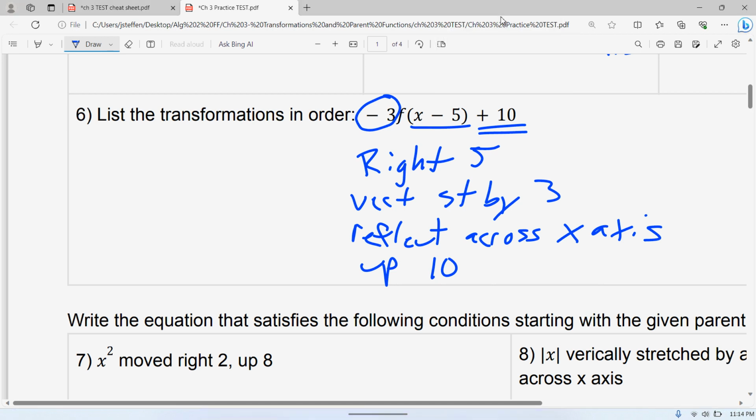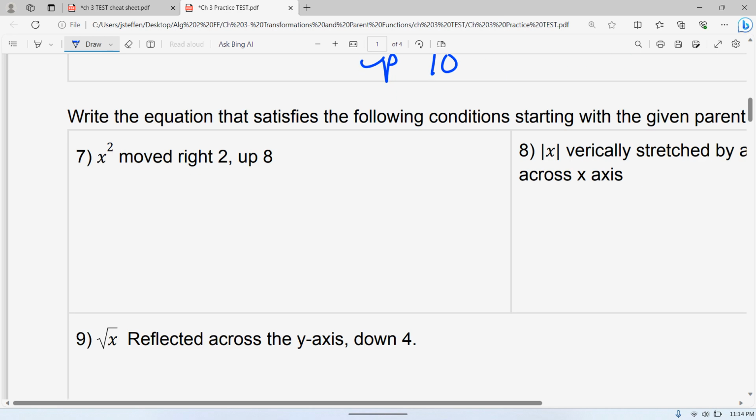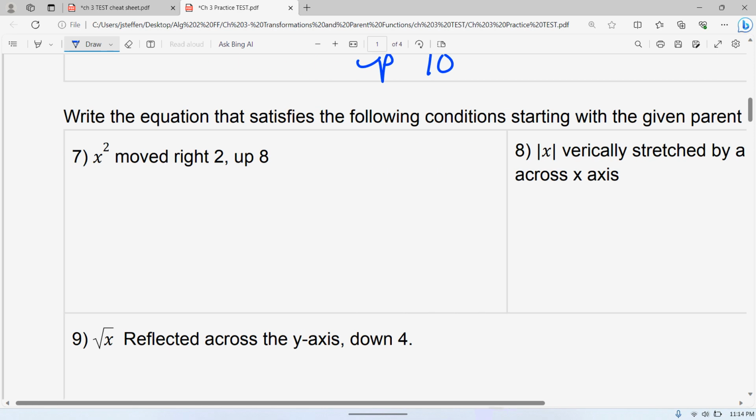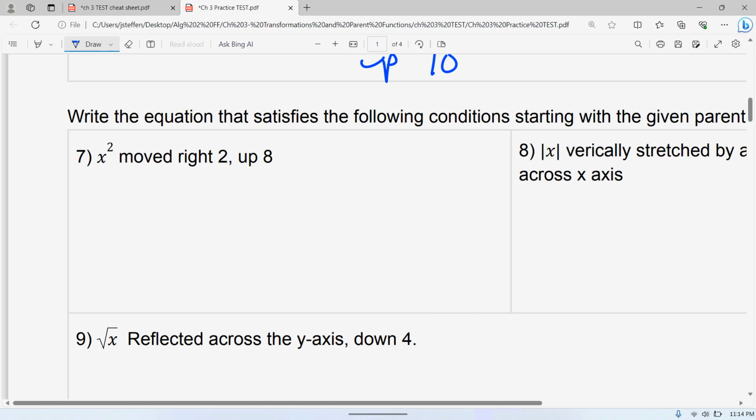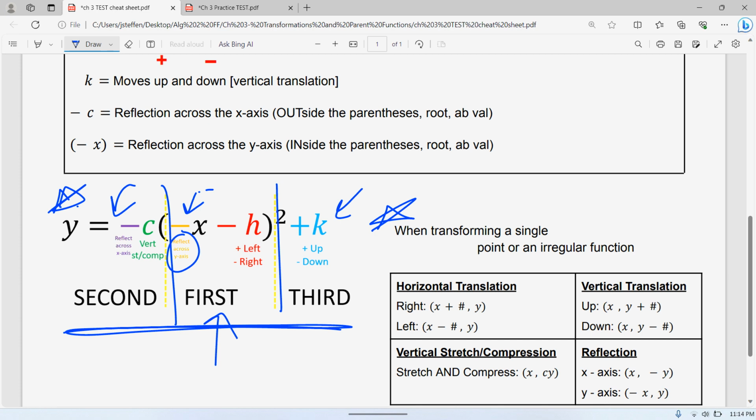So it's 2 times the absolute value of x, reflected across the x-axis, so reflected across the x up front with that 2. We don't have anything inside the absolute value with the x because we're not moving left or right any, not moving up or down any, so there's nothing at the end. So that is your answer.